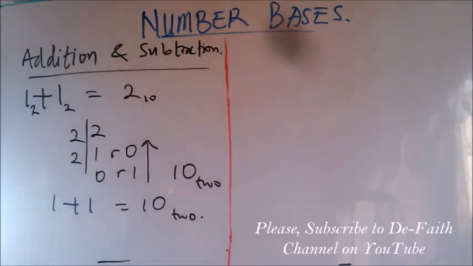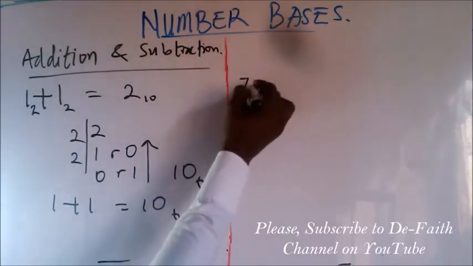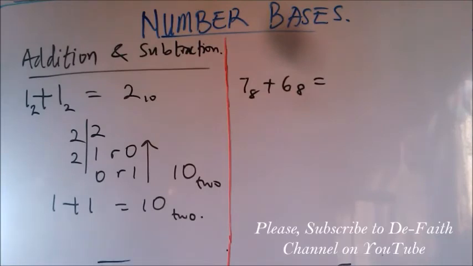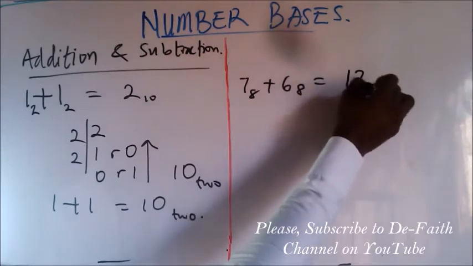Let's try other bases. Let's take 7 base 8 plus 6 base 8. If you have 7 base 8 plus 6 base 8, now adding it in base 10, 7 plus 6 gives 13, and that 13 is in base 10.